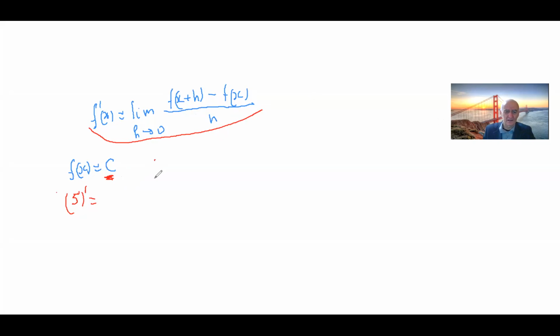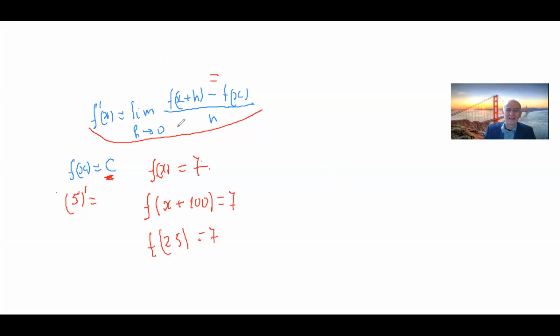If f(x) equals 7, then f(x) plus 100 is also 7, and f(25) is also 7. So f(x plus h) and f(x), for a constant function, are the same.